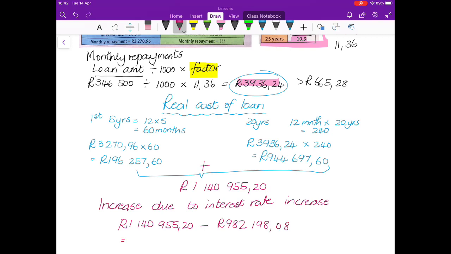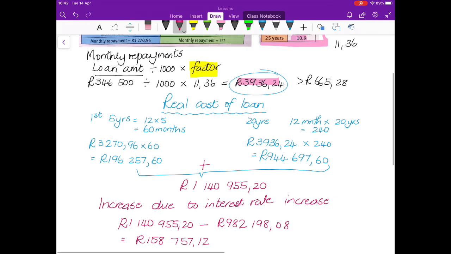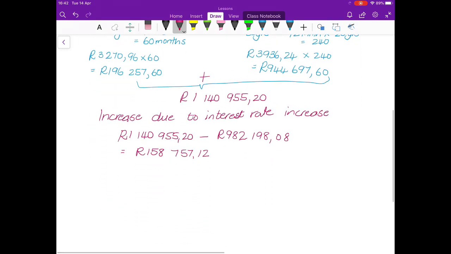If I do that calculation, you are going to get 158,757.12, which is quite a substantial amount, nearly 160,000 Rand more for that house.